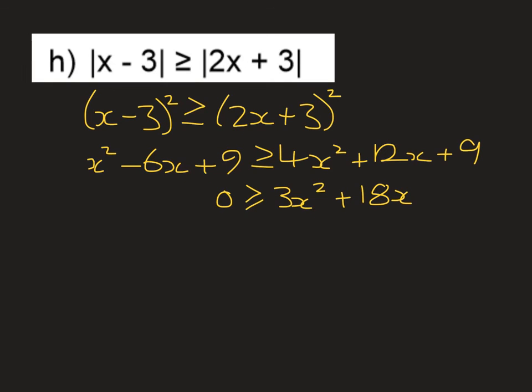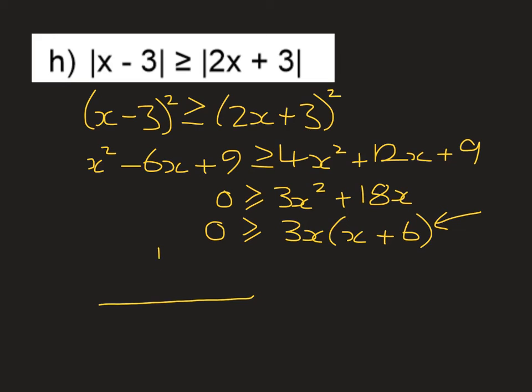So I end up with this quadratic, and this factorizes a little bit easier than the rest of the ones we've done: 3x(x + 6). So again, if I think about drawing this graph, it's a parabola, so if I'm solving this inequality, I know it's weird going from something like this modulus to solving a quadratic inequality which is curved and natural looking, but it's just the method we're going through.